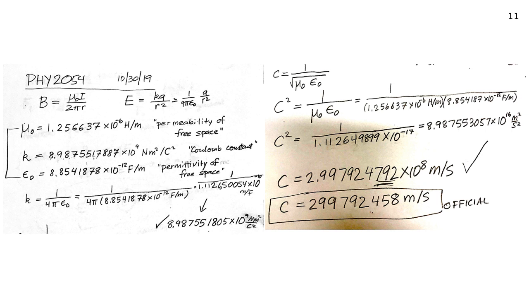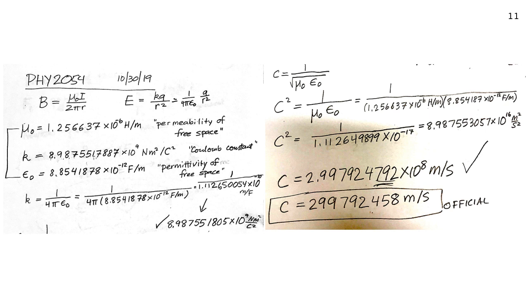So let's try that. Okay, I'm going to type it in. So go ahead and start doing your calculation. It's pretty easy. 4 times pi times 8.854 1878, use all the digits we got here, E minus 12, equals.